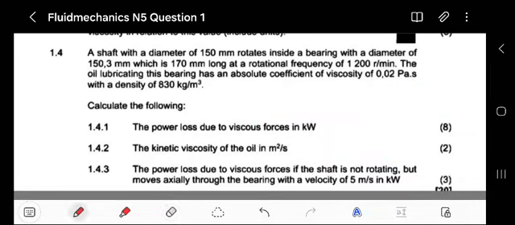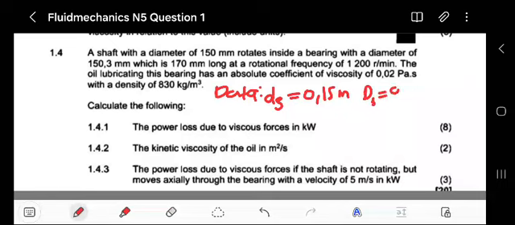So we have the given data there. We've been given the diameter of the shaft. I will write it as D, then S, for shaft. D of 150 is the same as 0.15 if you divide that by 1000 to get meters. The one of the bearing, I'll write D, then B here, is the same as 0.1503.